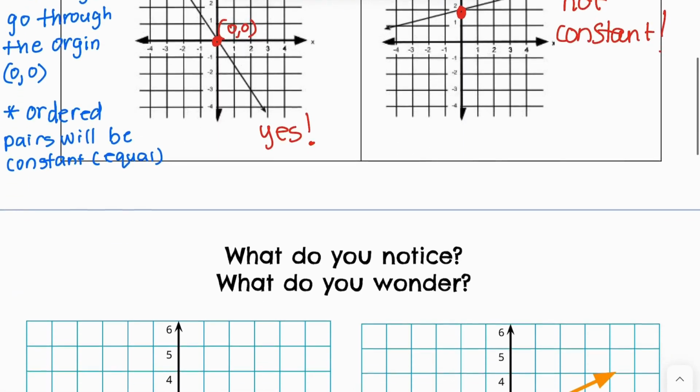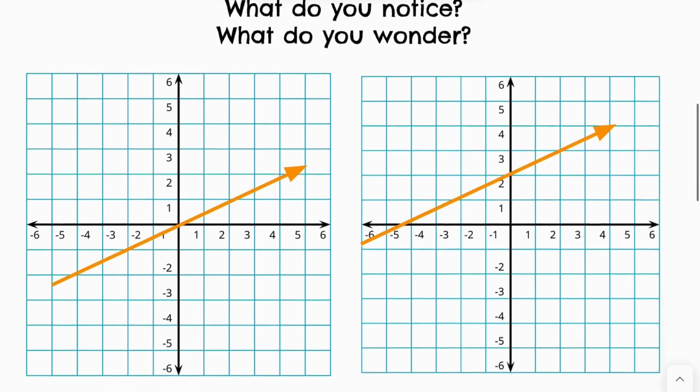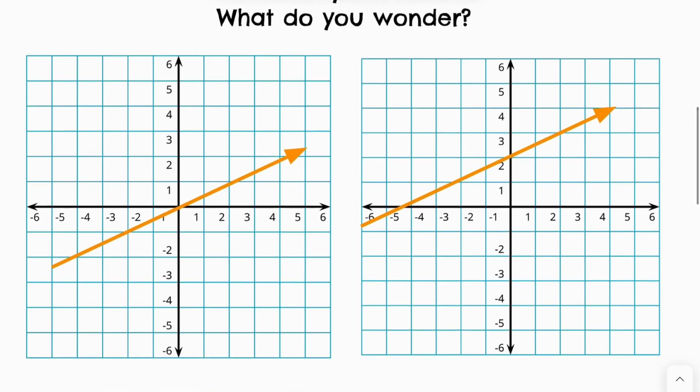Now let's look at some examples. On my first graph, I have my line. This does in fact go through 0, 0, which is the origin. So this does show proportionality.